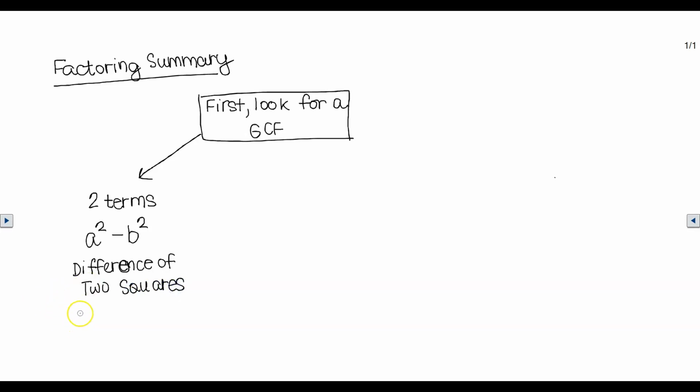And you'll remember with that there were three questions we had to ask. Is it a binomial? Does it have subtraction? And then finally, are the terms perfect squares?